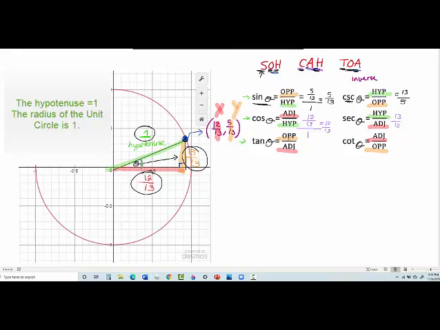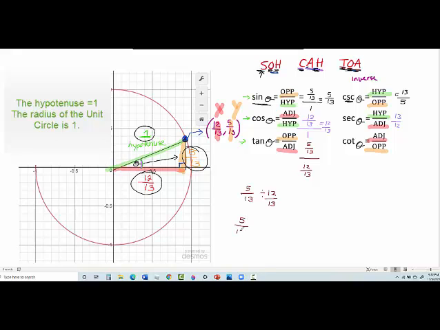And the last one here, opposite over adjacent for tangent. So the opposite is 5/13, and the adjacent is 12/13. So we have 5/13 divided by 12/13. You may remember that when we are dividing by a fraction, it's the same as multiplying by the reciprocal.